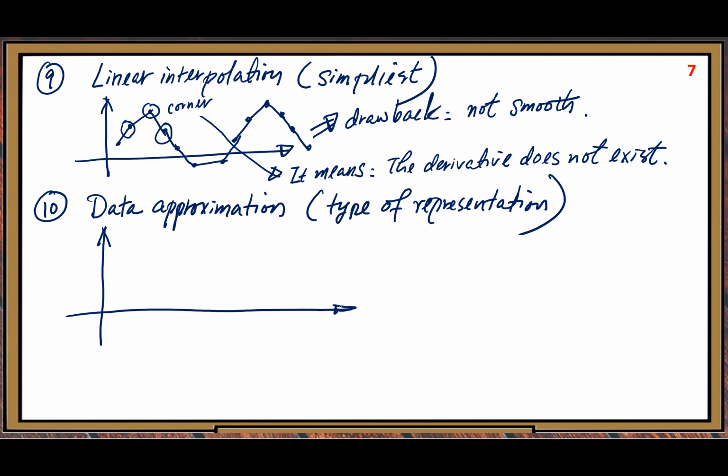Think about the data set, data points given could be like that, very irregular, right? Wiggles a lot. You know, like stock market data. A lot of real world data could be like this one.